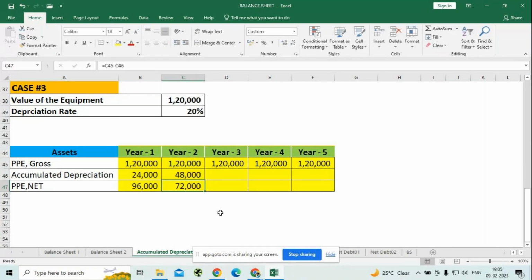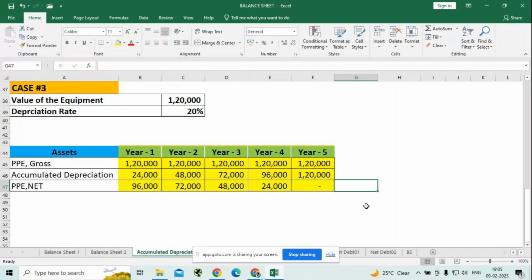So select and drag it, so that at the end of the financial year it is going to be 0. Okay, so this is how you calculate accumulated depreciation value.